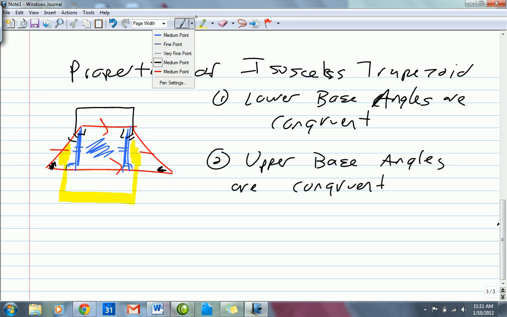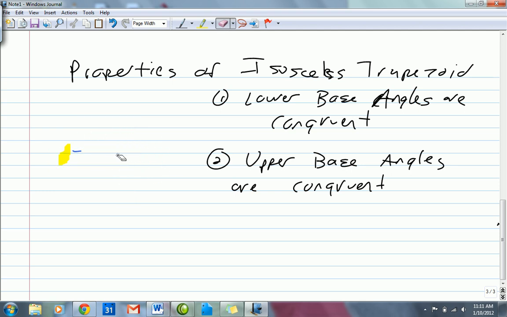Of course, the whole upper base angles, if I erase some of this stuff in here, would be this whole angle and that whole angle. I'll draw those for you in a second. Basically, because of those two congruent triangles, I can establish that this will happen. I'll draw a nice picture that will depict both of those situations.